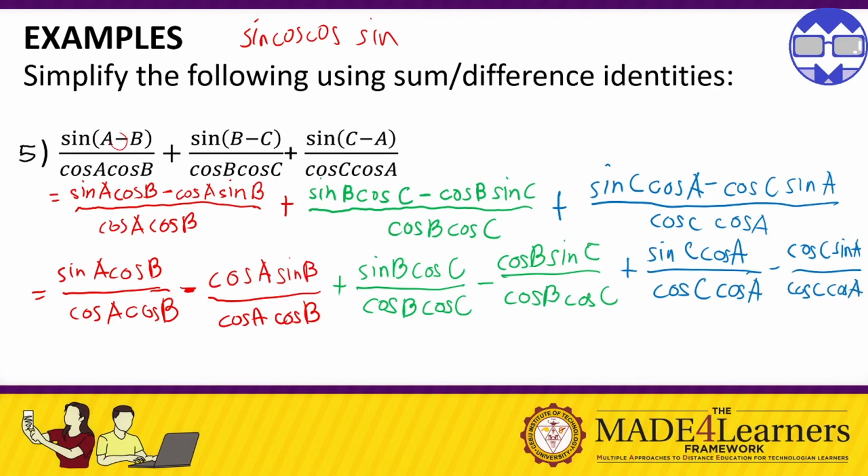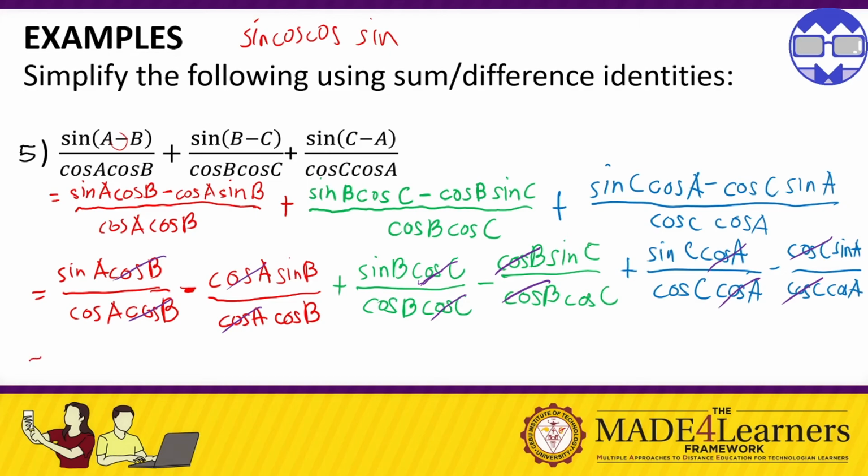Okay, so it's cancellation time. What can we cancel here? In the first term, we have cos B. Second term, we have cos A. Third term, we have cos C. Fourth term, we have cos B. Fifth term, we have cos A. And the sixth term, we have cos C. Okay, so let's rewrite.